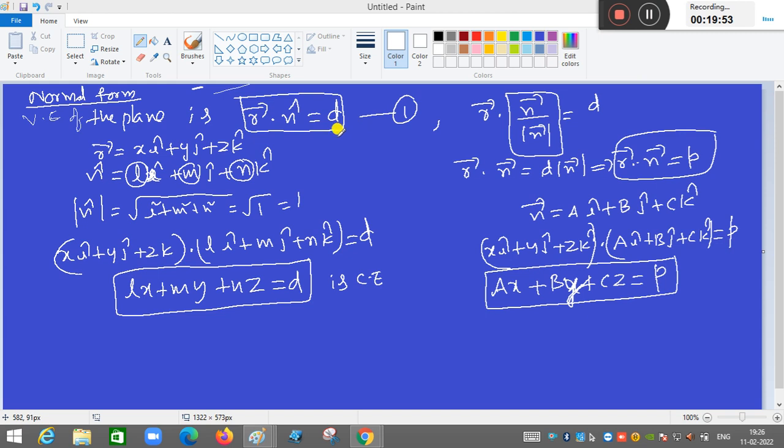That is the vector equation of a plane in normal form. This lx + my + nz = d is the Cartesian equation of a plane in normal form. What is normal form? It is when the normal unit vector and the distance from the origin are both given. So this is the vector equation, and this is the Cartesian equation.